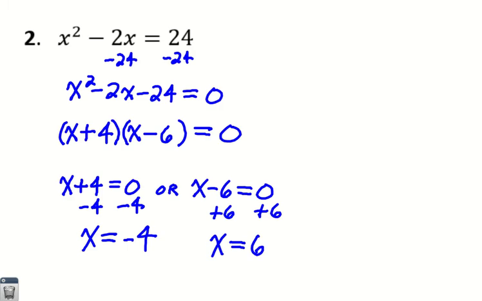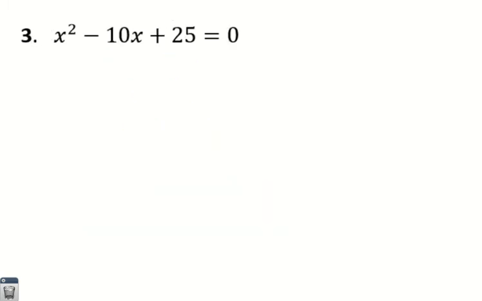I mean, we could have used the quadratic formula here, but we didn't. So can this factor? I believe it can. Not by GCF, because there is no GCF, but I do believe that this will unfoil. What two numbers multiply to get positive 25, but add up to -10?